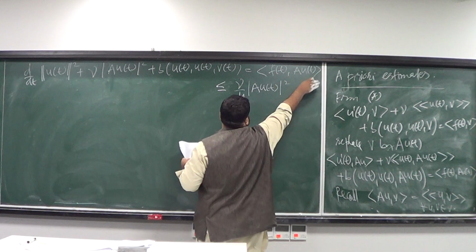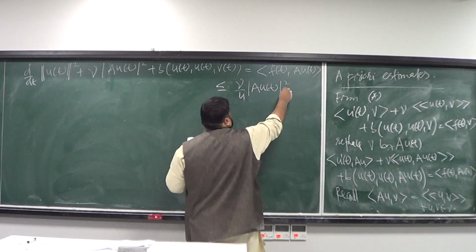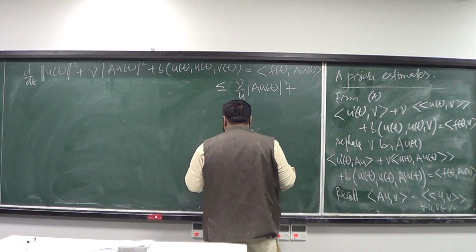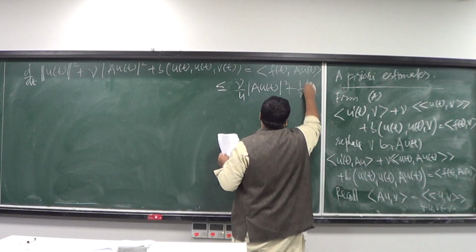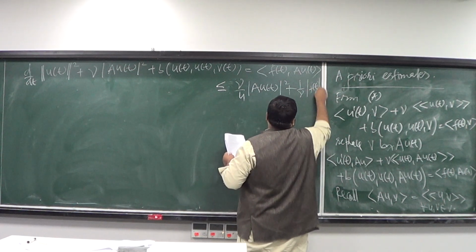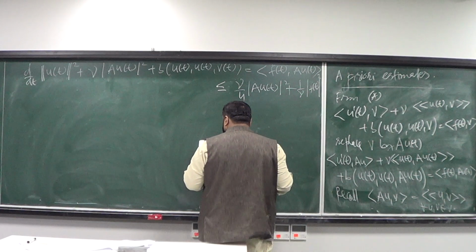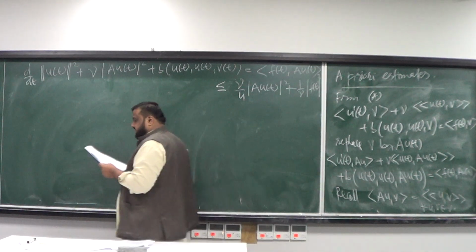I can do the same Holder's inequality and then Young's inequality, Au(t) squared and 1 over mu times f(t) squared. So this is what you're going to get.